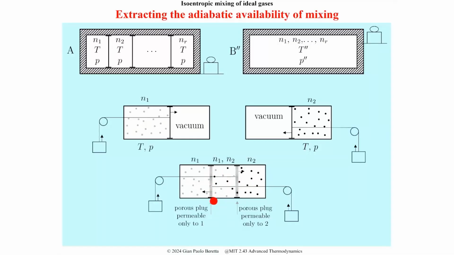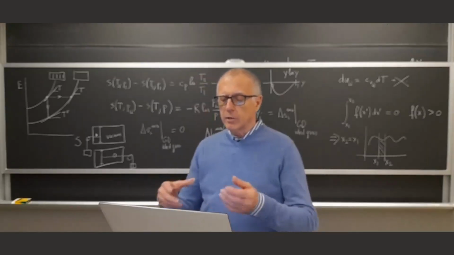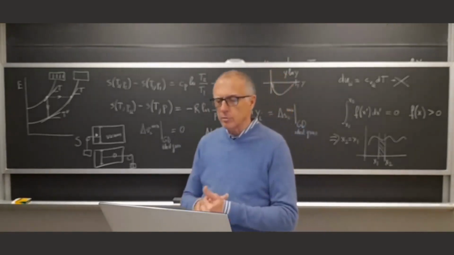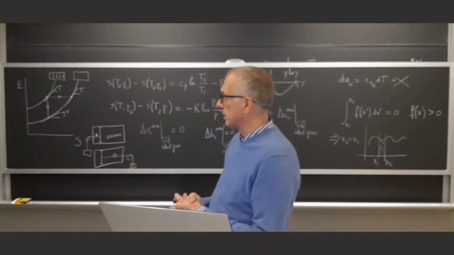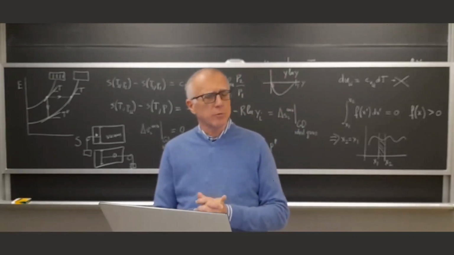And this other membrane instead allows the gray particles through, and instead feels the pressure of the black particles. Okay, so when you're done, and if you've done it reversibly, you have extracted this adiabatic availability. Okay, so I think we have to stop here today.